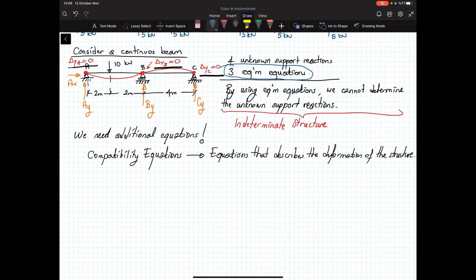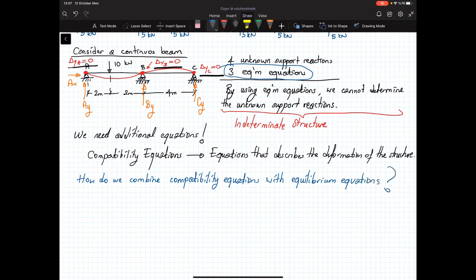So the question is, how do we combine compatibility equations with equilibrium equations? That's the main question.